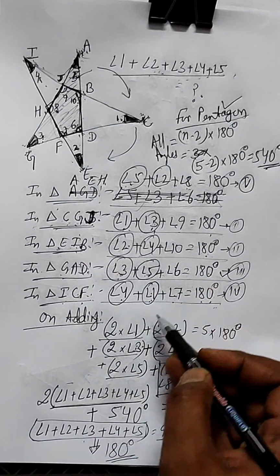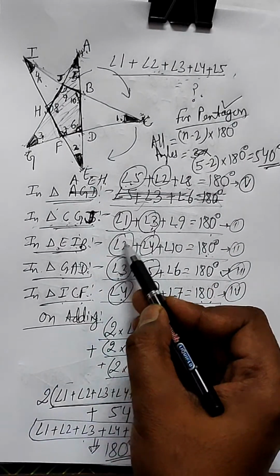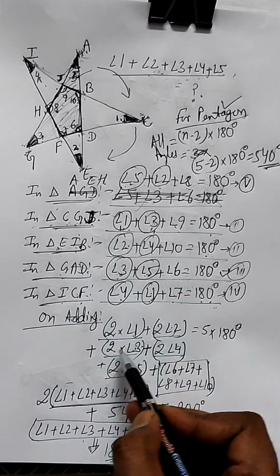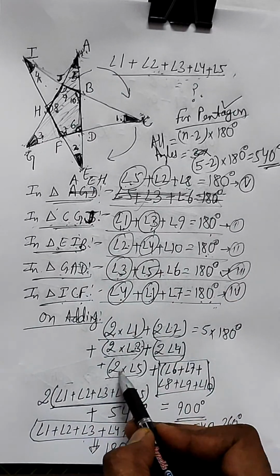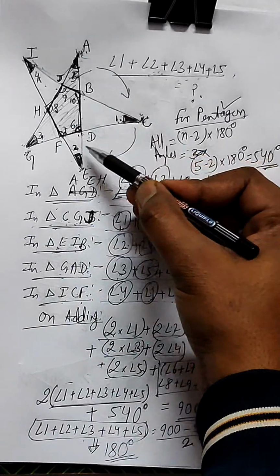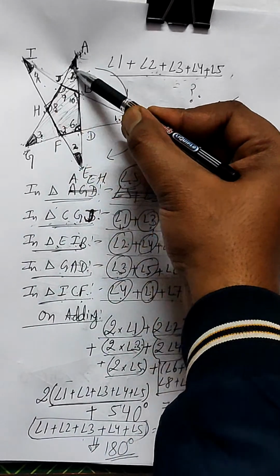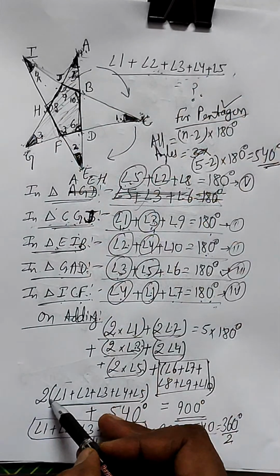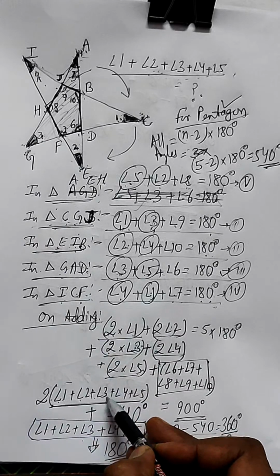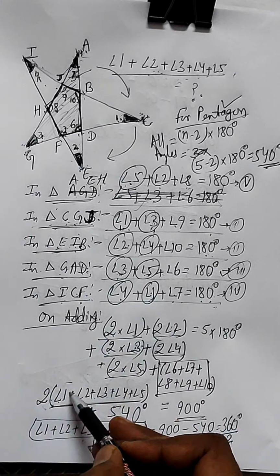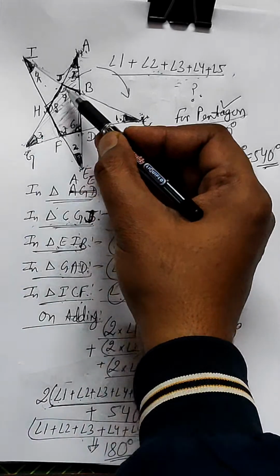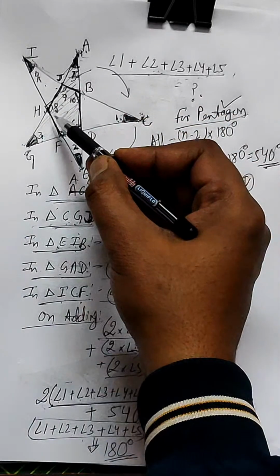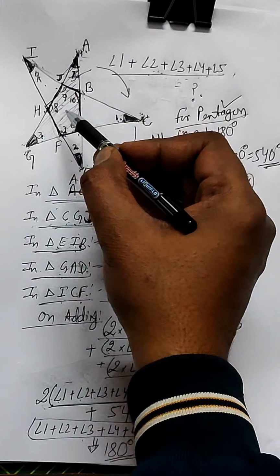What do we get? You can see angle 1 is coming 2 times. So 2 times angle 1, 2 times angle 2, 2 times angle 3, 2 times angle 4, 2 times angle 5. 1, 2, 3, 4, 5 are the angles at the vertices of this star, right? So 2 times (1, 2, 3, 4, 5), taking 2 as common, plus 6, 7, 8, 9, 10. You can see 6, 7, 8, 9, 10 are the angles of the pentagon at the center of the star.